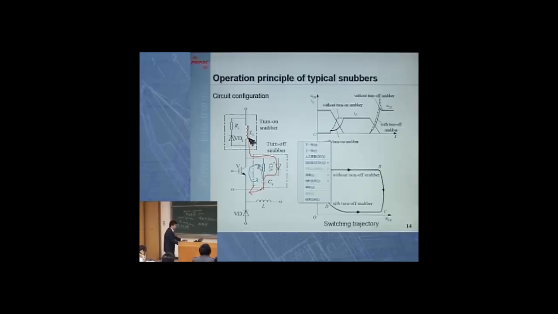Because when I turn on the IGBT, because of this inductance, the current flowing through this IGBT cannot increase suddenly. There is always a limit. This inductor can limit this di/dt, because when this di/dt is too large, it is not good for the IGBT. So this inductor is actually acting like a turn-on snubber.